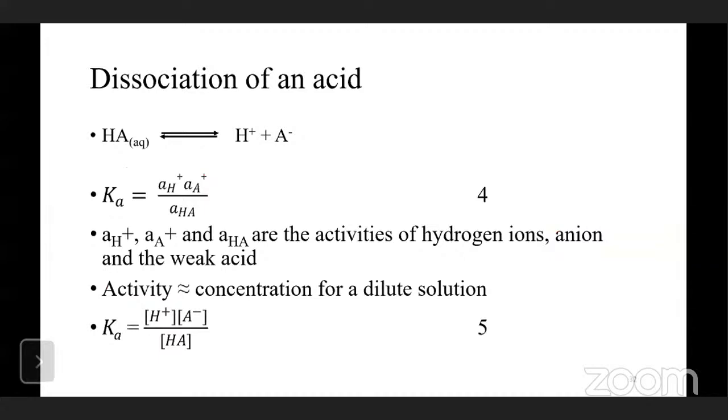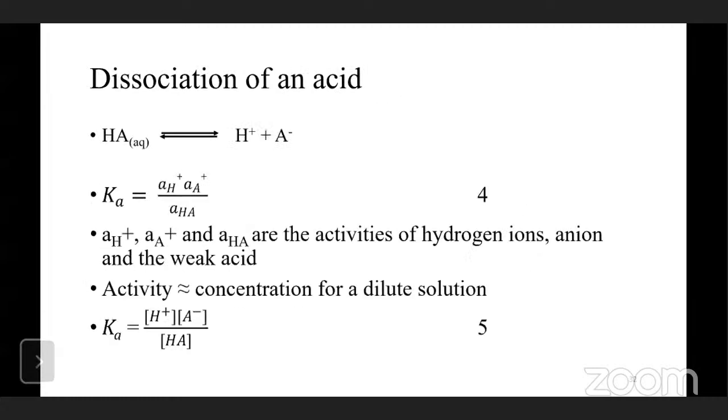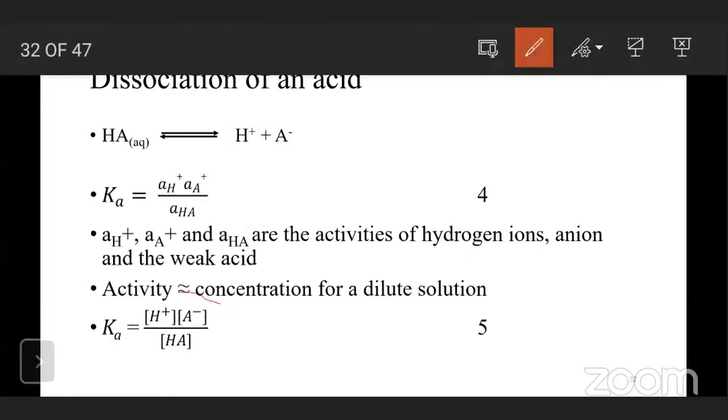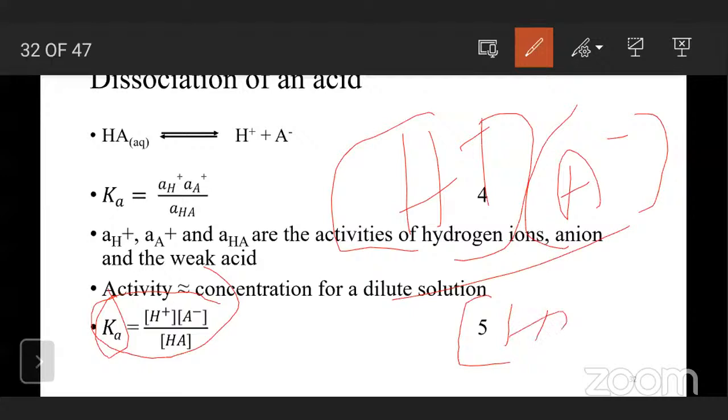After that, we also considered the dissociation of an acid, and there we wrote an expression for it, that is K subscript A, which is the concentration of the hydrogen ion multiplied by the concentration of the anion, divided by the concentration of the aqueous acid.